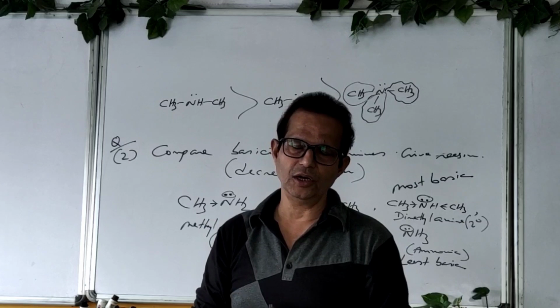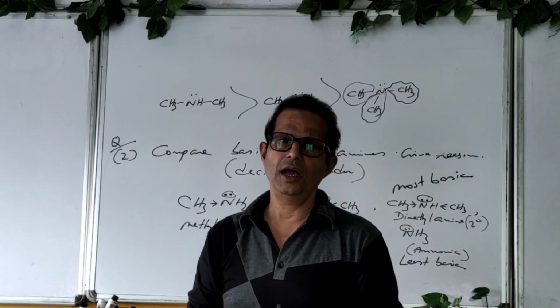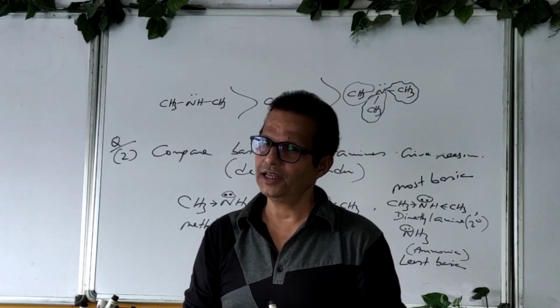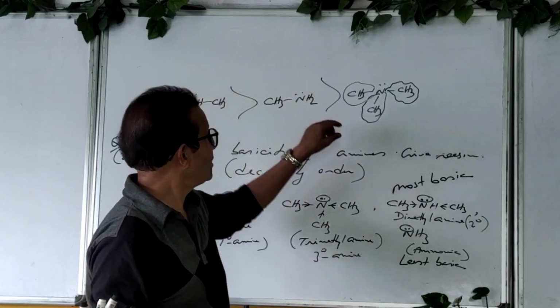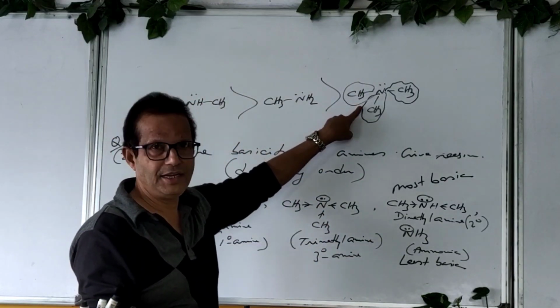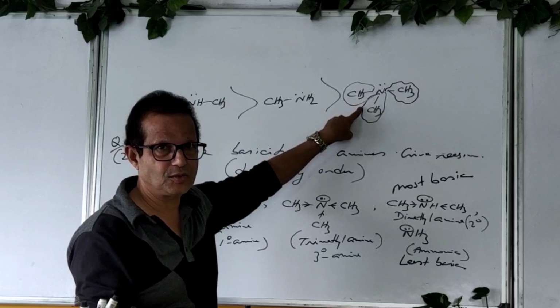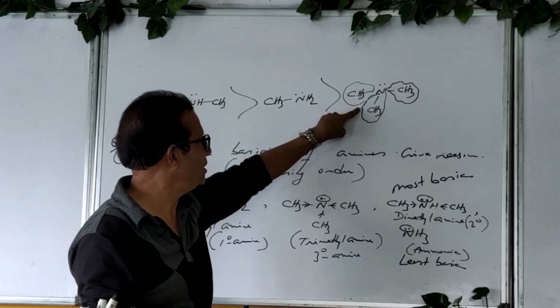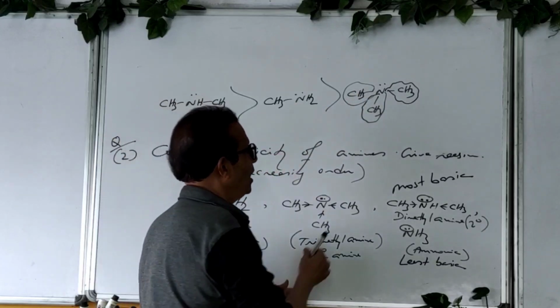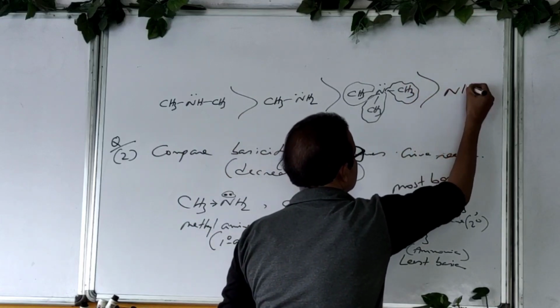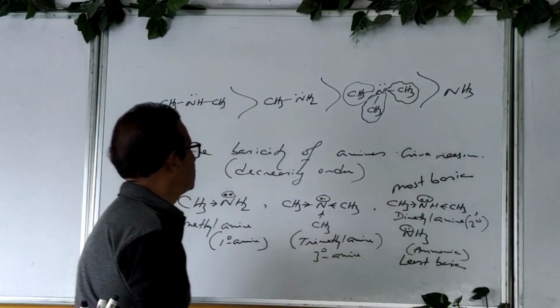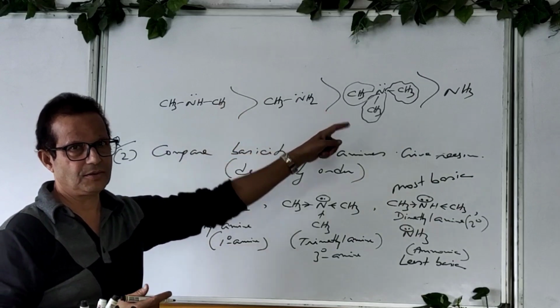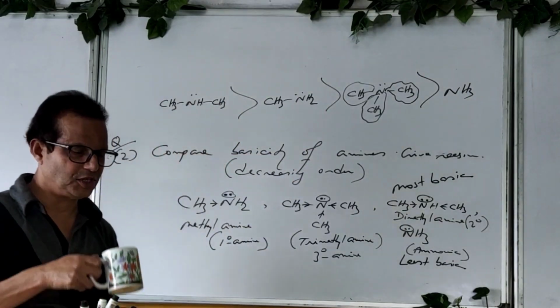One is density of lone pair of electrons and another is steric hindrance. And here steric hindrance predominates. That's why it is less basic than methylamine. And ammonia is least basic. So remember this, okay? This is a very important exam question.